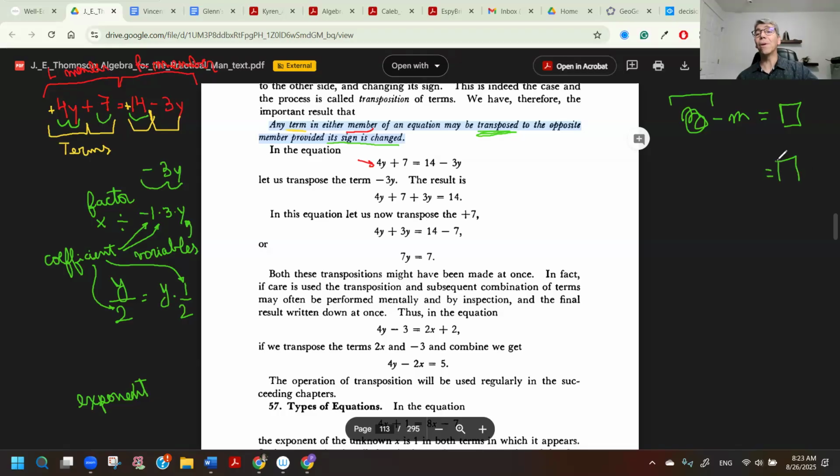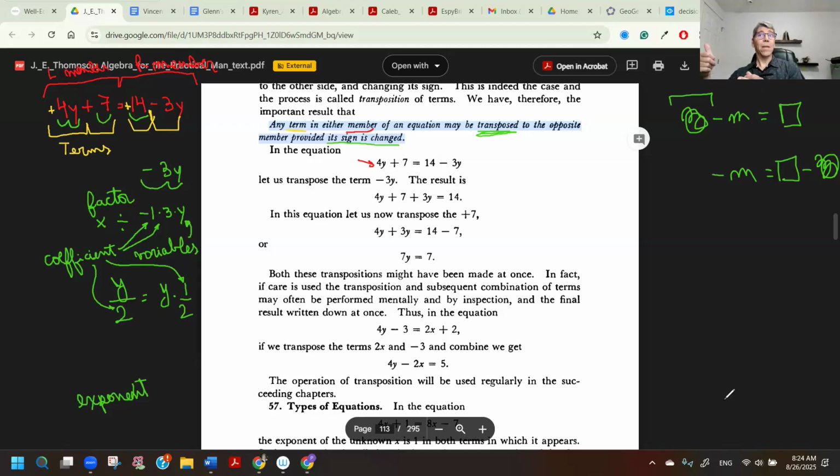So I'm going to end up with this minus something like that. So that is actually very, very critical, to understand that we move terms from one member to the other by changing the sign of the term.